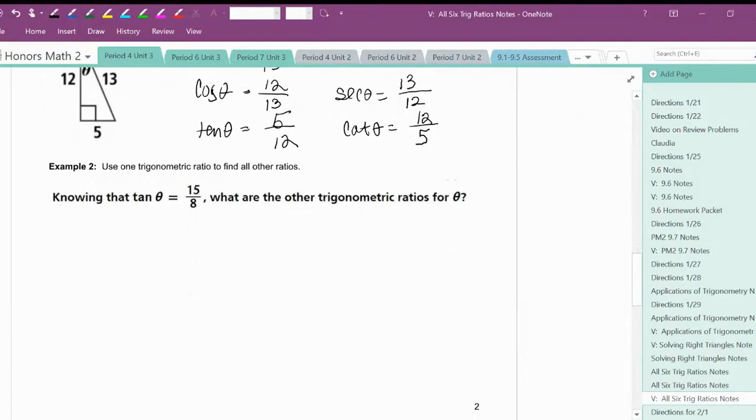All right, the next example is where we'll use one ratio to find the other ratios. So I'll just sketch them out here.